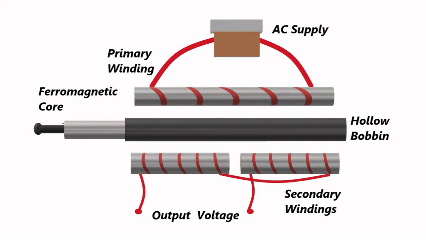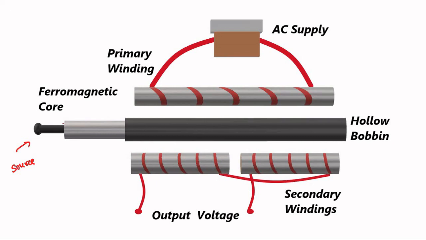This movable ferromagnetic core is connected to the source of displacement, force, pressure, movement, whatever it is. Now we have an AC supply which is connected across the primary winding.